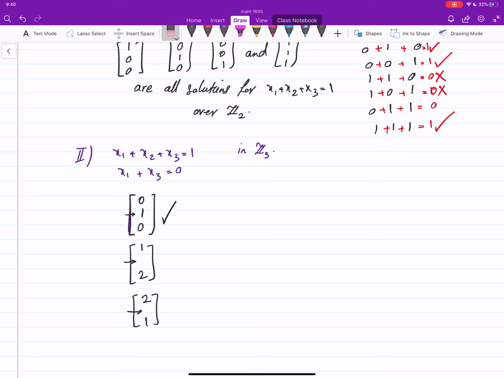And how about this one? 1, 2, and there will be only one possibility here. There are 27 possibilities. You plug in all of them, and you will see that there are only 3 solutions for this system of linear equations.